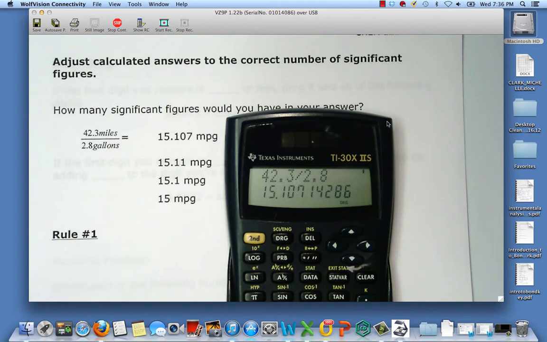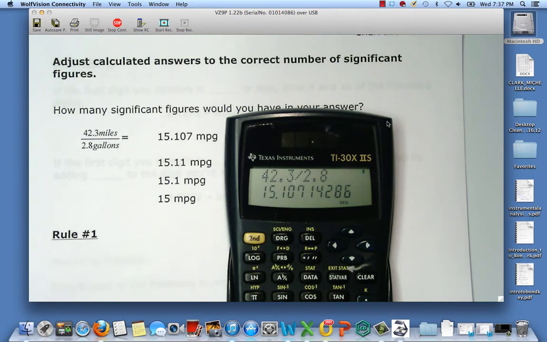Gallons to the tenths as well. So if you put this down as your answer, you're saying that the apparatus that you use to measure the distance and the volume is beyond laboratory quality. That makes sense, right? Got a lot of significant figures if you just record all of these.